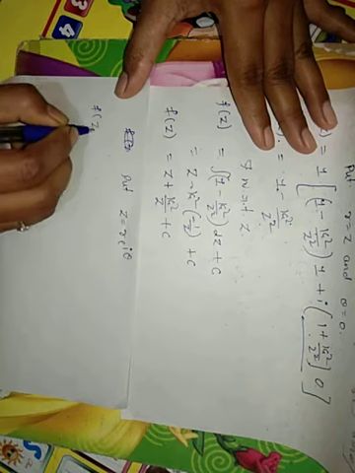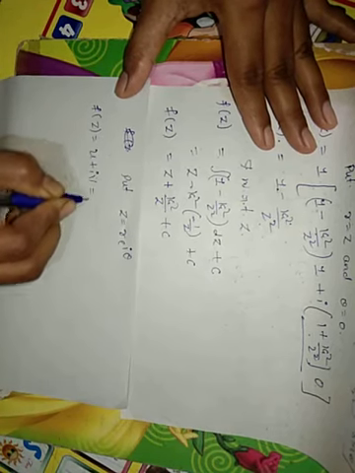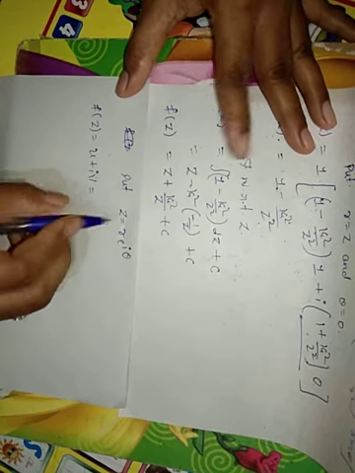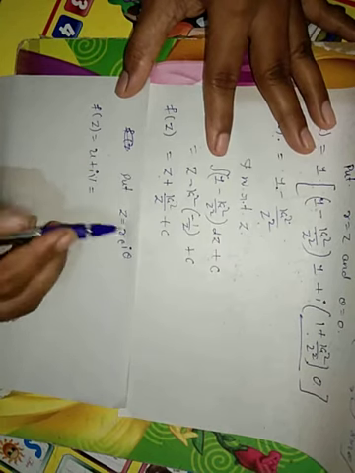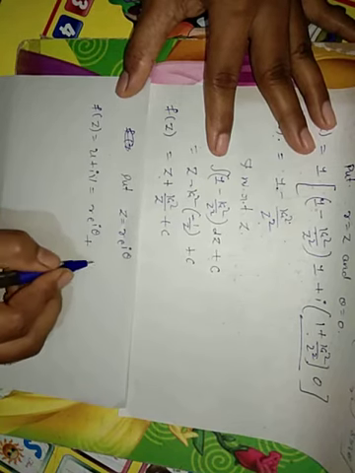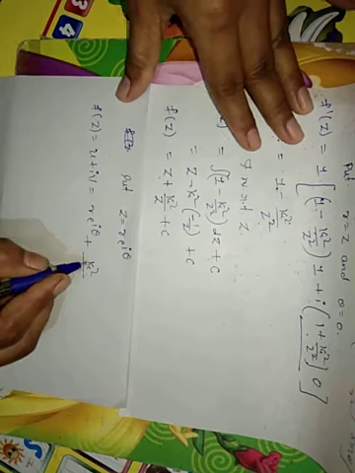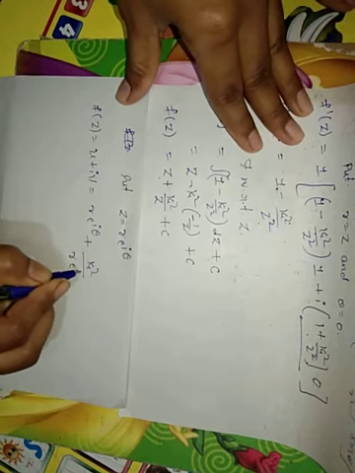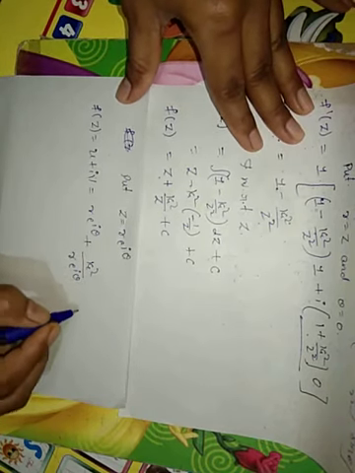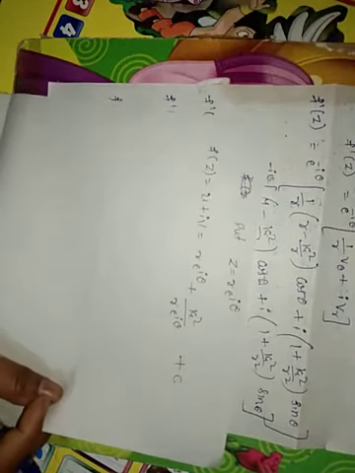So f of z equal to u plus iv equal to, put z equal to r into e raised to I theta, r into e raised to I theta plus k square divided by r into e raised to I theta plus c as it is, or else you can also neglect the c.